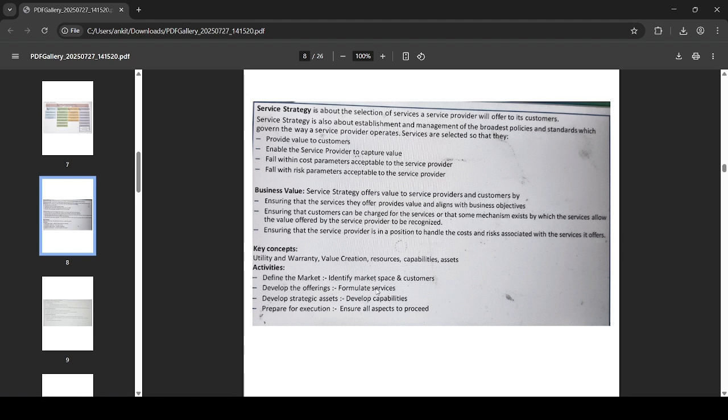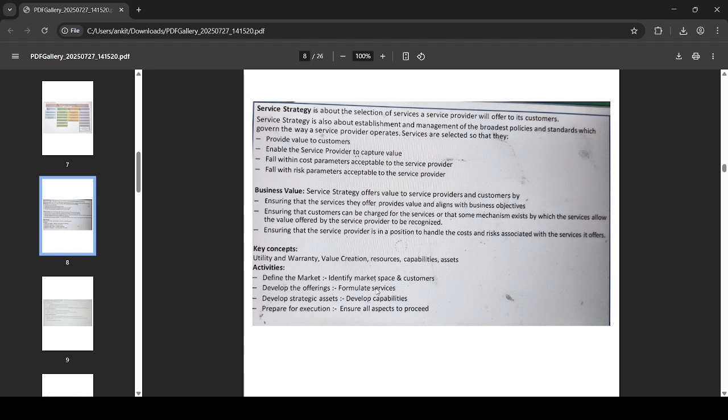So for example, if any of the customers comes and tells your project manager that I want to build this and this application, and what all the requirements will be there, and what all the services you will provide.